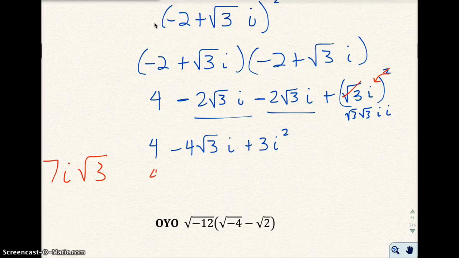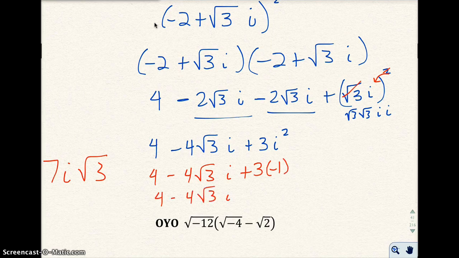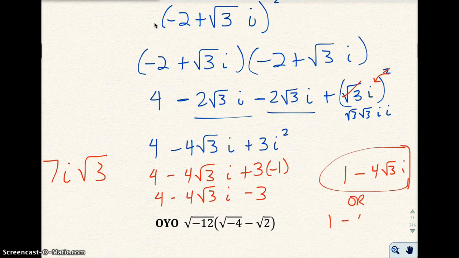This gives me 4 minus 4 square root 3i plus 3 times negative 1, which is 4 minus 4 square root 3i minus 3. That gives me 1 minus 4 square root 3i. Okay, or you could have 1 minus 4i square root 3.